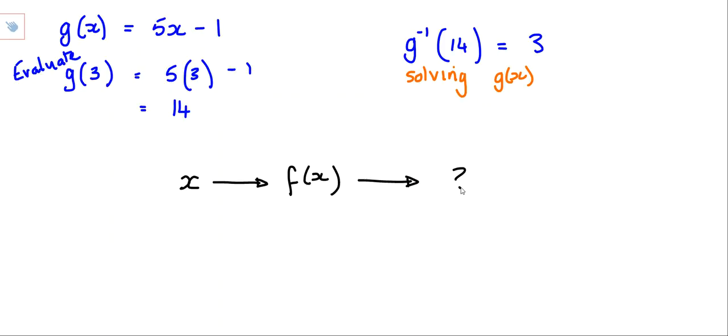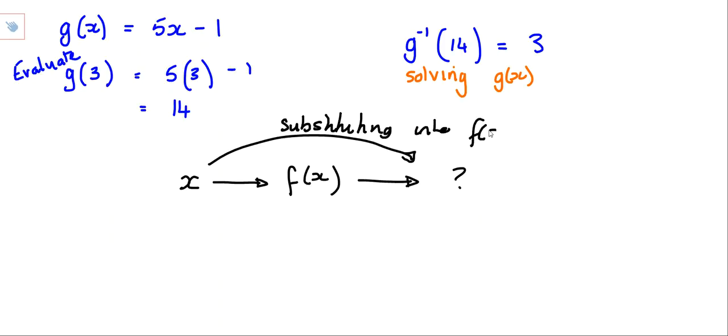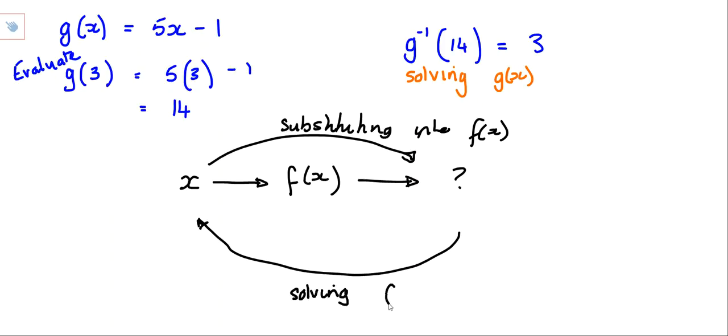So if I go in this direction, I am substituting into f of x. You happy with that? However, if I go the other way, I am solving f of x equals that answer. I'm trying to find the x value. Does that make sense?